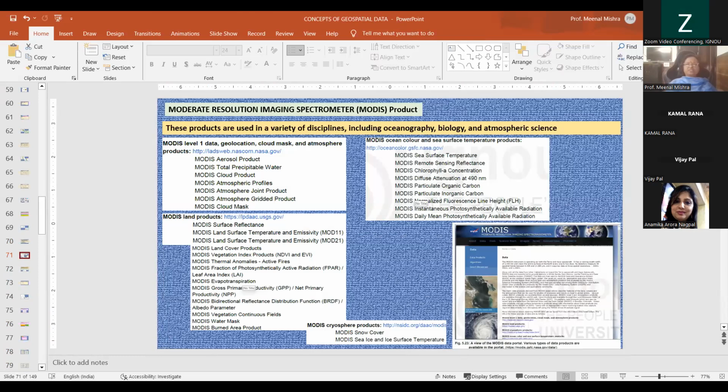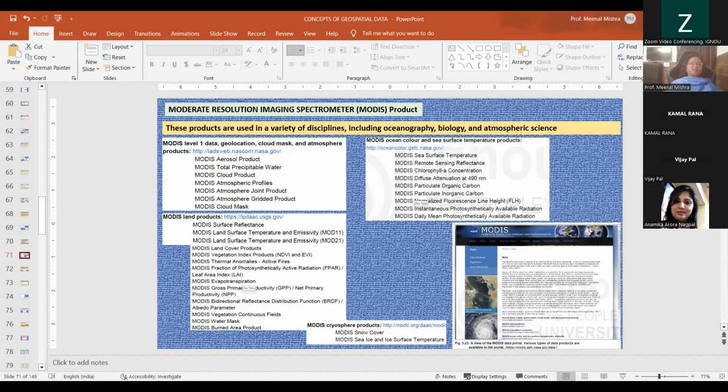Then next is MODIS products. MODIS means moderate resolution imaging spectroradiometer. So these products are used in many areas, including oceanography, biology, and atmospheric science.